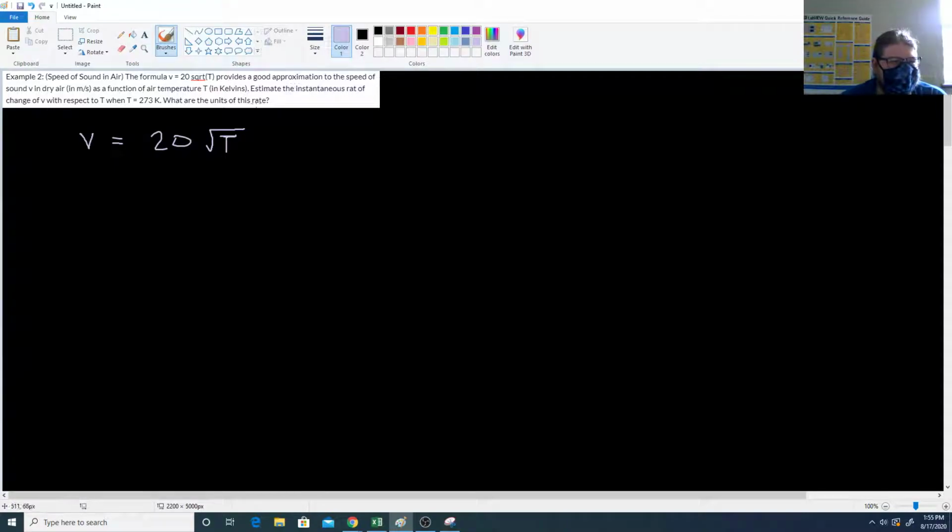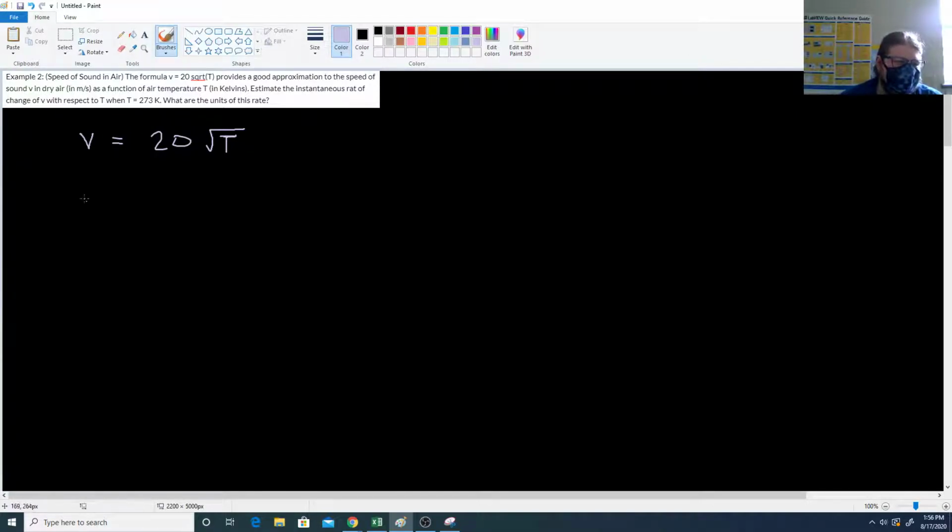And we want to estimate the instantaneous rate, not rat. So estimate the instantaneous rate of change of V with respect to T at T equals 273 kelvins. Basically, I want to look at average rates of change over time intervals that have one side at 273 and shrink down closer and closer to 273.